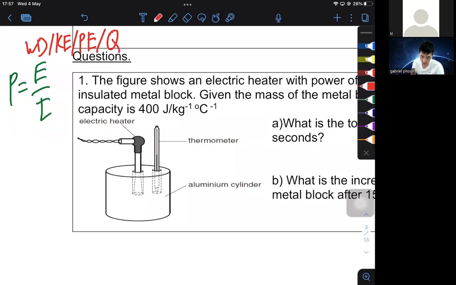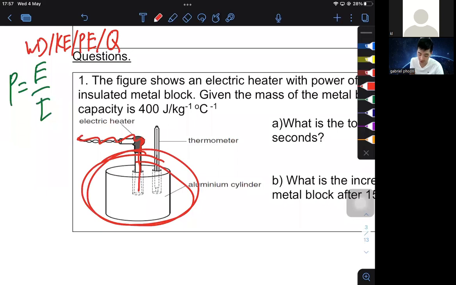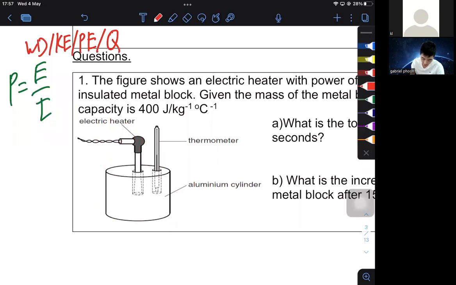Now today, if you want to understand what is going on in this formula, how we know how much heat is going to be supplied depends on two specific things. Number one, how much power is supplied to this heater, and how long this heater is heating this thing. Then we'll know how much heat energy it is. So if we want to find out how much heat energy is being supplied to this metal block, we can rearrange the formula to power times time equals heat energy.